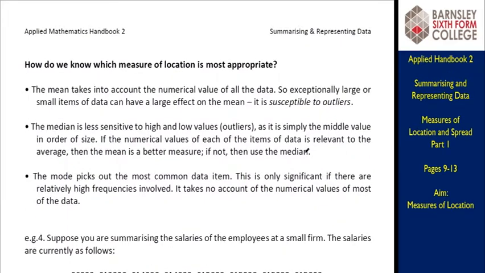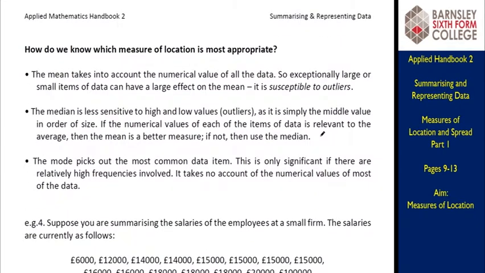The median might not use all the data, but it's not affected as much by these outliers. And then we have the mode, which, to be fair, most of the time isn't that useful, but it is useful when you've got a value that is really frequently involved.